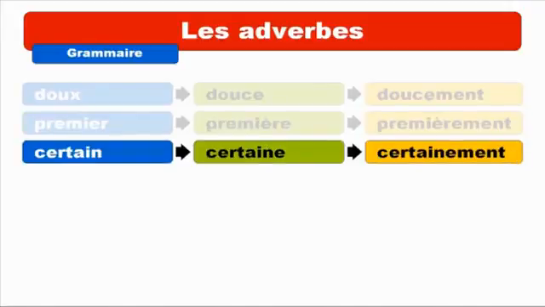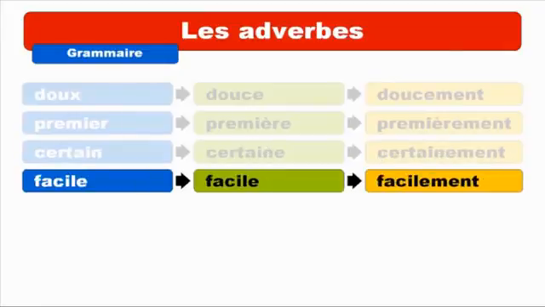We get the sound A-I-N, it's un. Certain, repeat. Feminine form, it's certaine, repeat. And then the adverb, it's certainement, repeat, certainement.